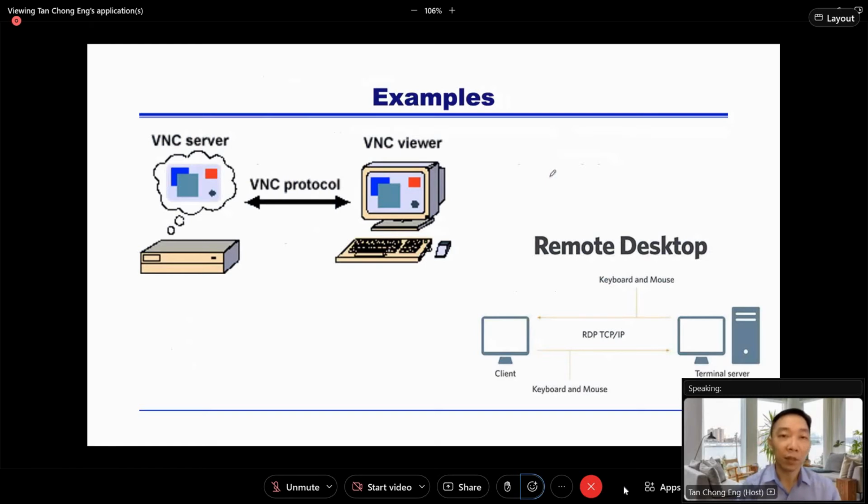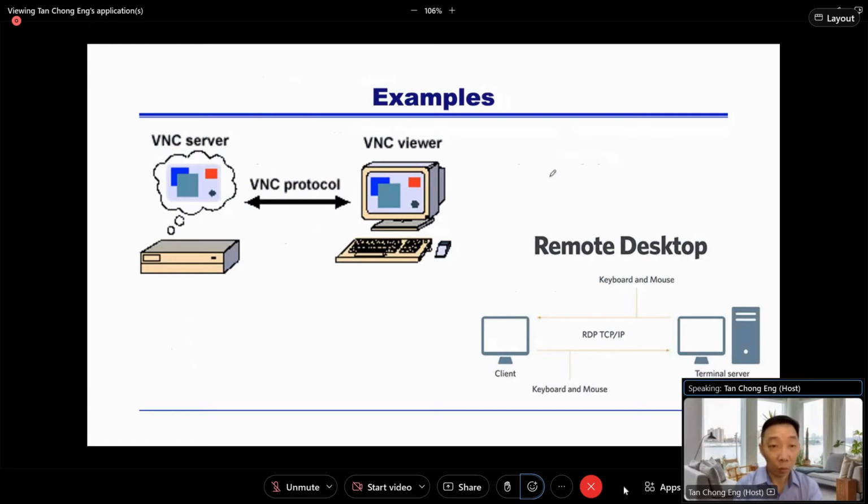One of the examples here is VNC. I do not know whether you have been using VNC or not, but I also do not know whether you are using remote desktop or not. VNC is very much Linux-based, but you can use it on Windows as well.